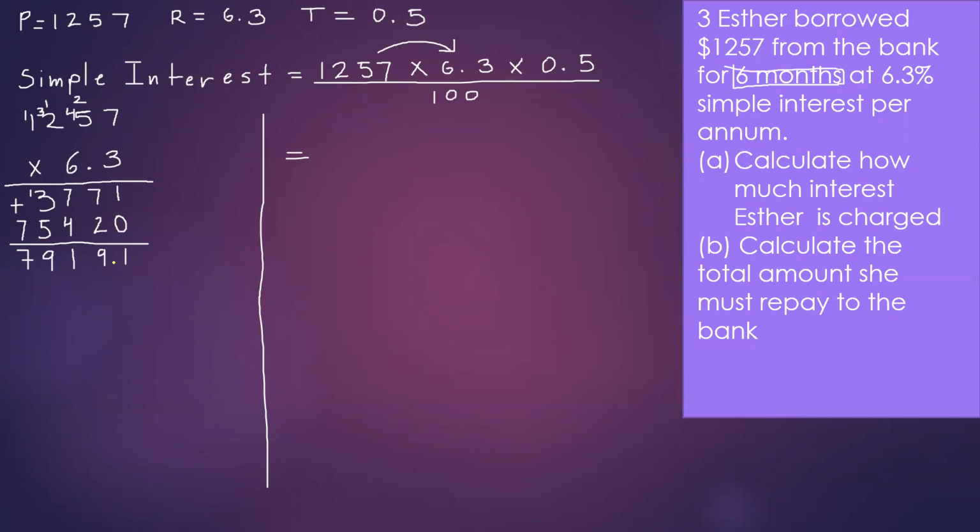Yes, that's how you put it. You could add a 0 as a placeholder. Okay, good. So it's gonna be 7,9,1,9.1.